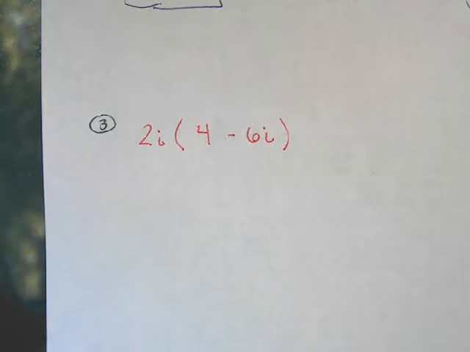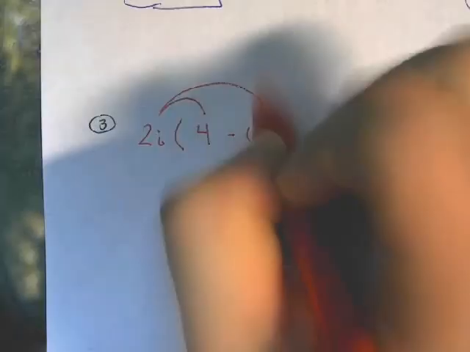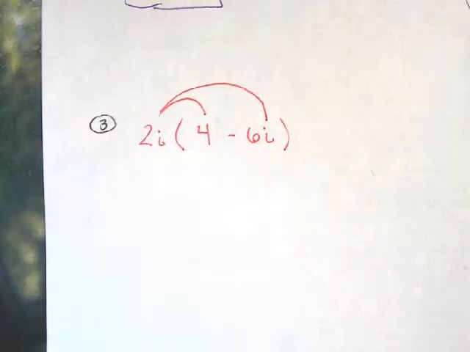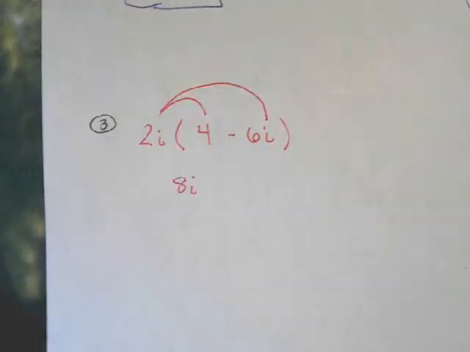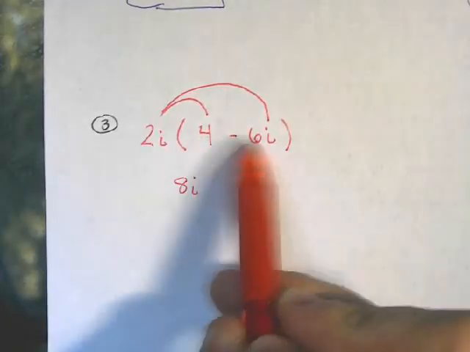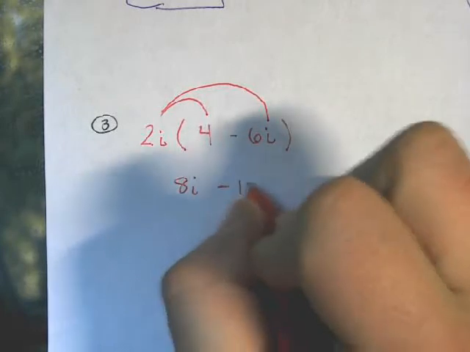The way we'll distribute is by taking this 2i and multiplying it by both terms inside our parentheses. So 2i times 4 would be 8i. And then 2i times negative 6i, well, 2 times negative 6 would be negative 12.